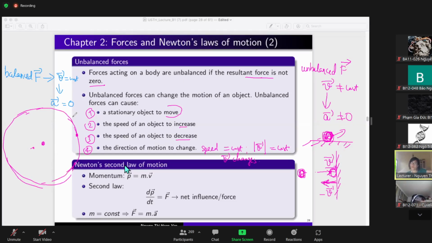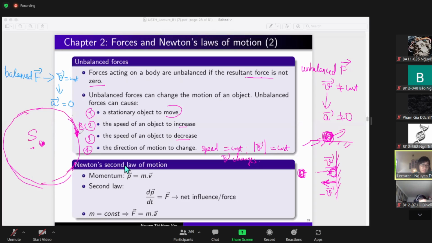Every year it repeats, because the speed with respect to the sun doesn't change. Here is the Earth and here is the sun, and in this case, you have circular motion.